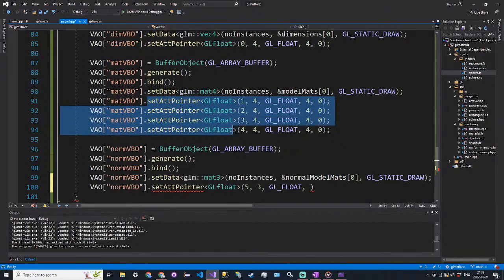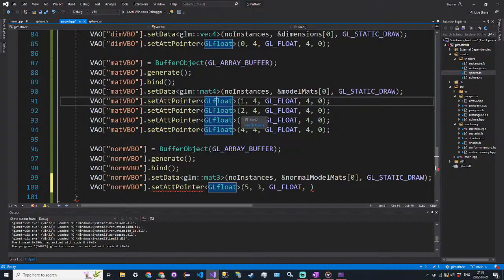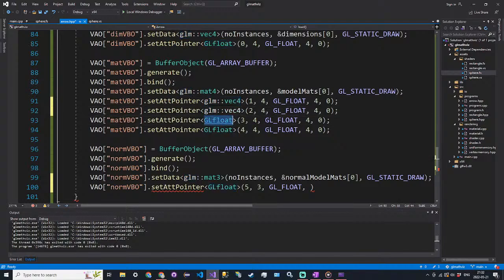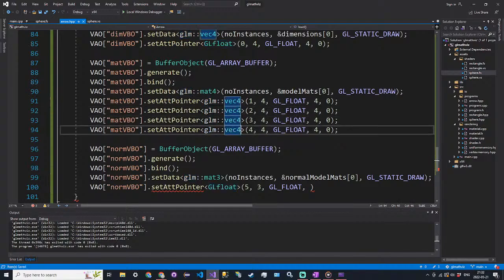These attribute pointers should be not GL floats, but for the model matrix, they should be GLM vec4s, because that's what each element is. And to get to the next 4D vector to pass in, we need to increment by 4 4D vectors, not 4 floats. This first 4 corresponds to this type. So 4 GL floats, and then 4 4D vectors.